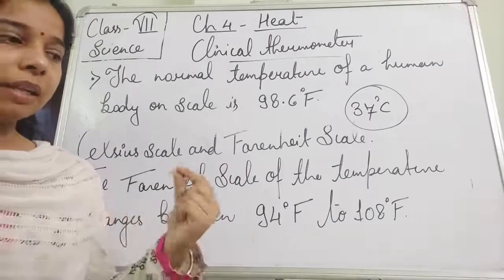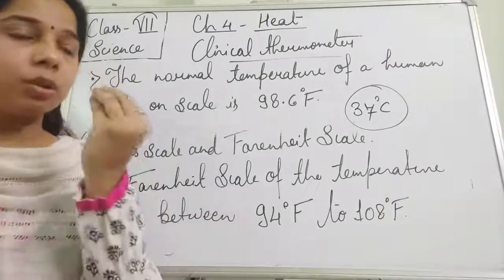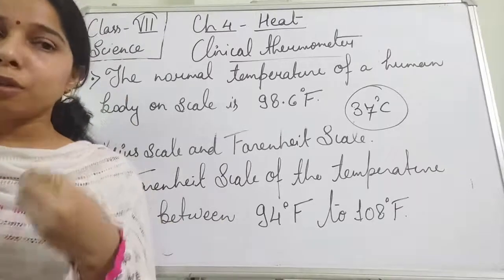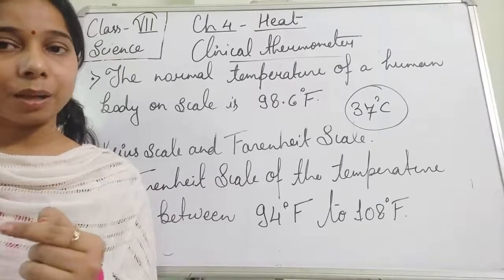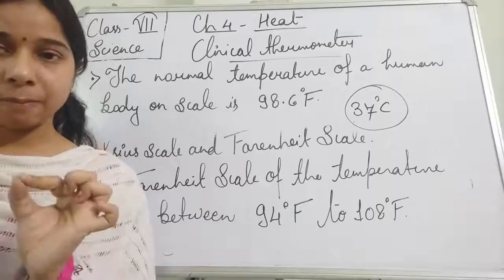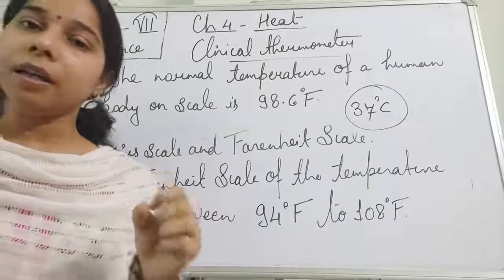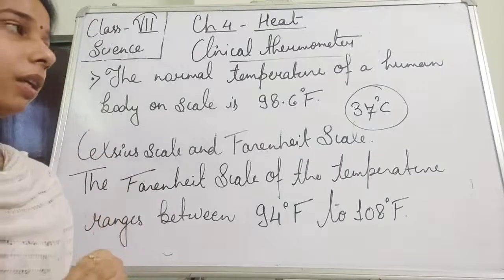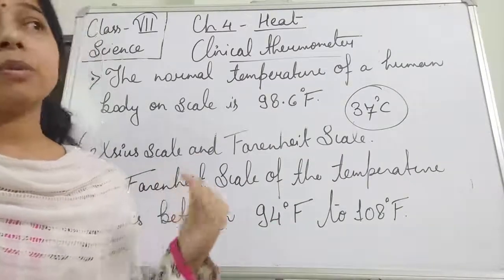When we keep this clinical thermometer under the tongue, our mouth and body contain heat, and this heat is received by the glass bulb in which the mercury is placed. The bulb receives the heat from the body and the mercury also receives the heat. After receiving the heat, the mercury expands and thus rises up.